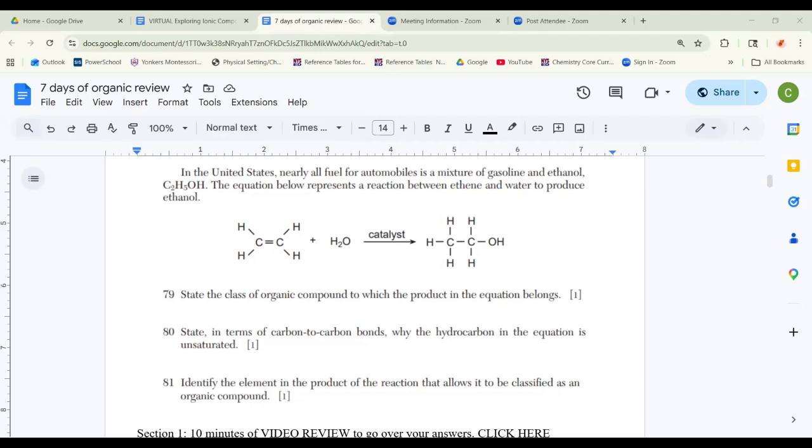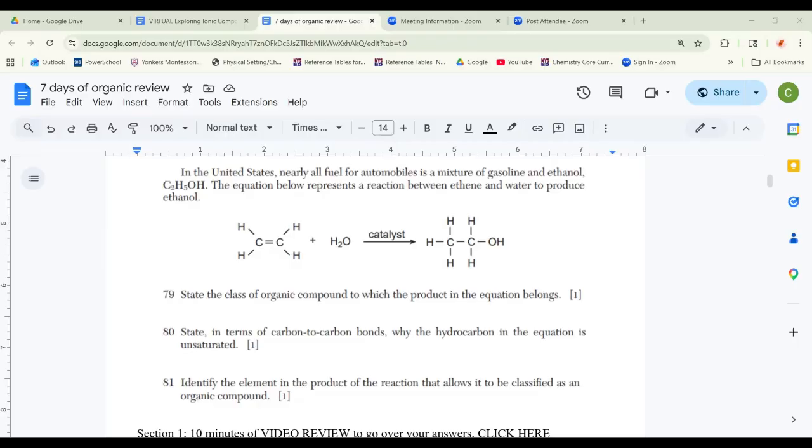identify. So again, identify means don't go crazy explaining anything. You don't have to tell me why you think that's the answer. You just need to tell me the element in the product of the reaction that allows it to be classified as an organic compound. So the answer is always the same. Yes, there is more information in the definition for the purpose of making sure you guys can tell the difference between an organic and an inorganic compound.